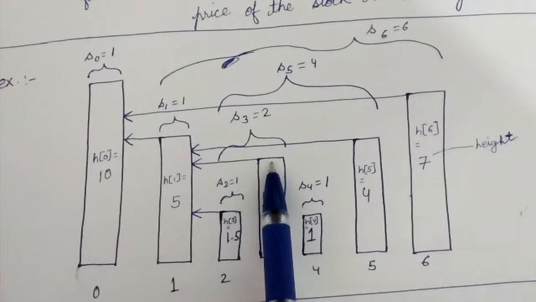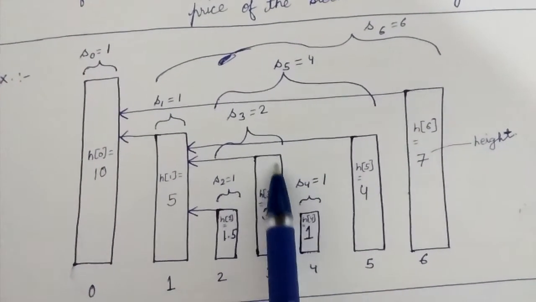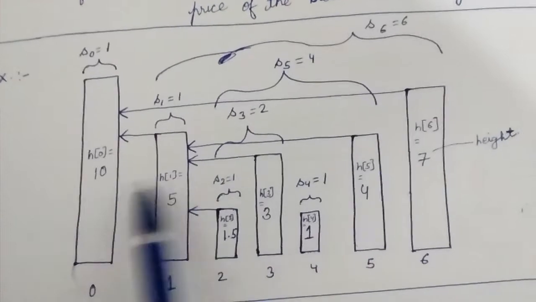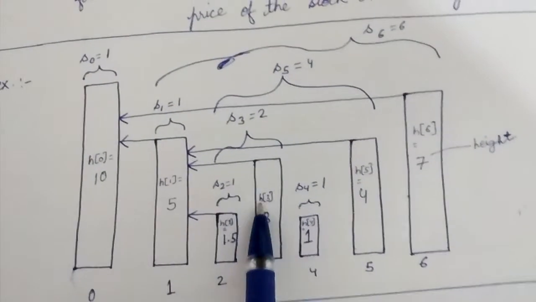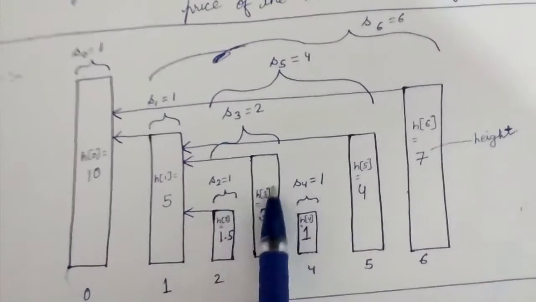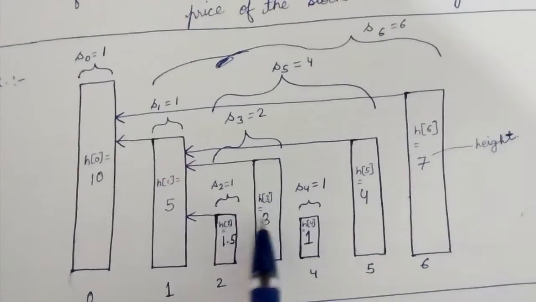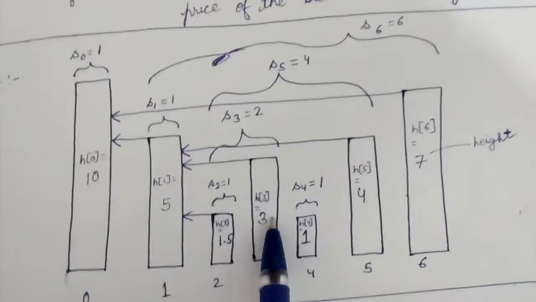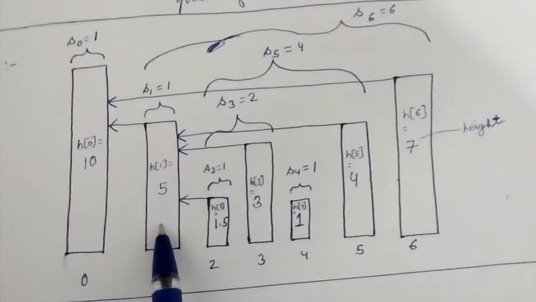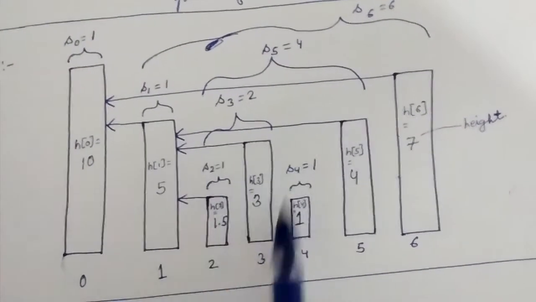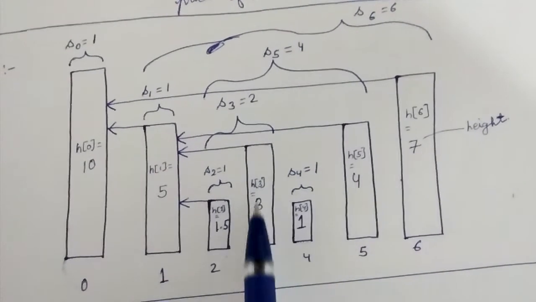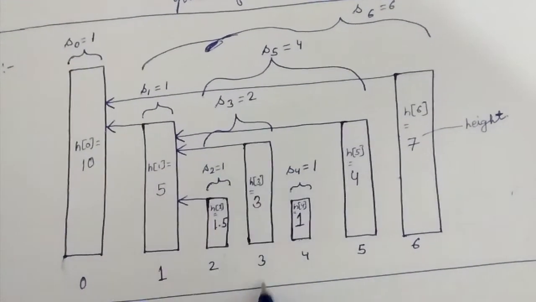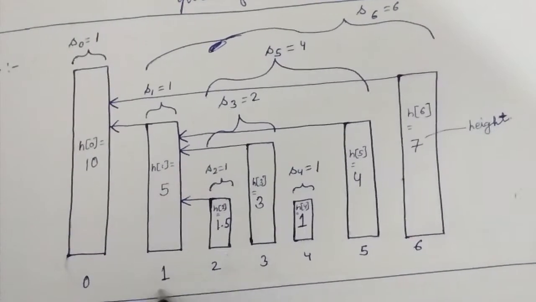So diagram wise, we see the consecutive bars just previous to this bar having height less than this. There is only one bar which is having height less than this, and the next bar is having a height greater. So S3 is equal to 2 because this index is 3 and this is 1, so the value is 2.